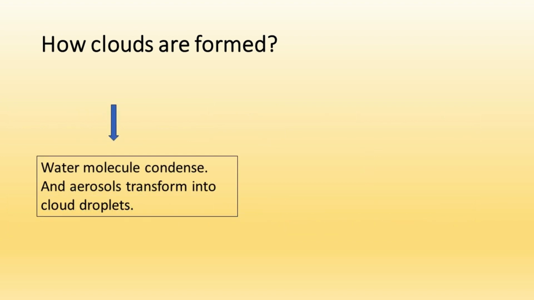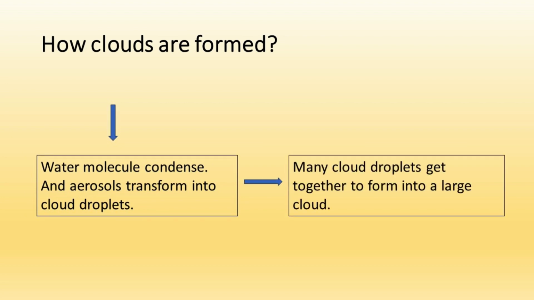Since aerosols are present in huge quantity, they become a surface for the water molecules to fall on when they condense. When enough water molecules gather on an aerosol, a cloud droplet is formed. Many cloud droplets together form a cloud. When cloud droplets combine to form a larger droplet, their density increases, and due to gravity, these droplets generally fall from the sky as rain.